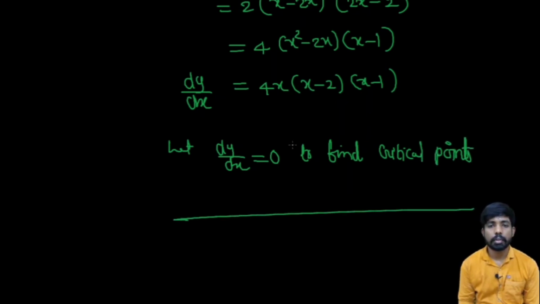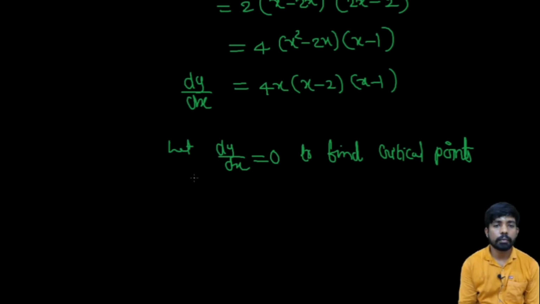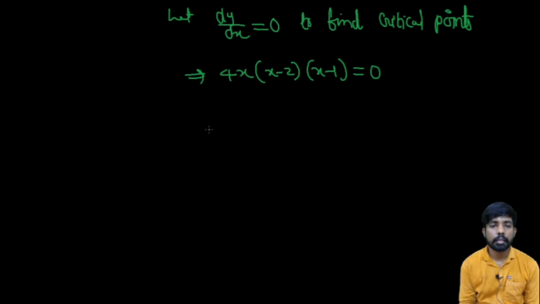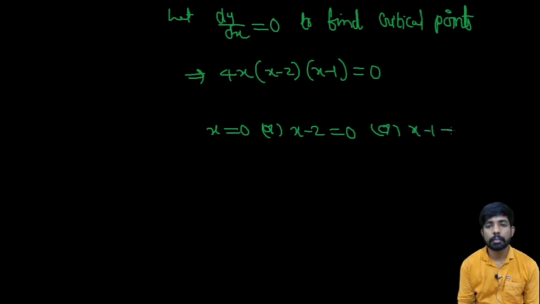So dy by dx is 4 into x into x minus 2 into x minus 1 equals 0. Therefore either x is equal to 0 or x minus 2 equals 0 or x minus 1 equals 0. So send this 2 to the right hand side, it will become plus 2. And minus 1 send it to the right hand side, it will become plus 1.